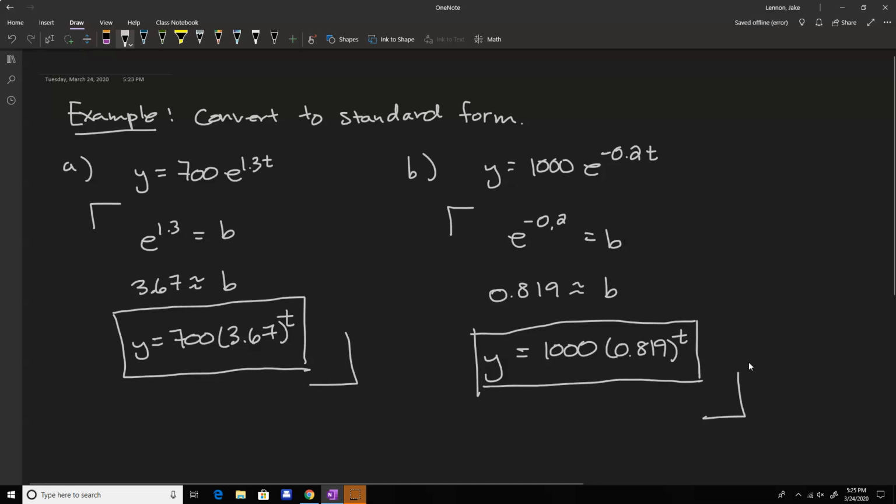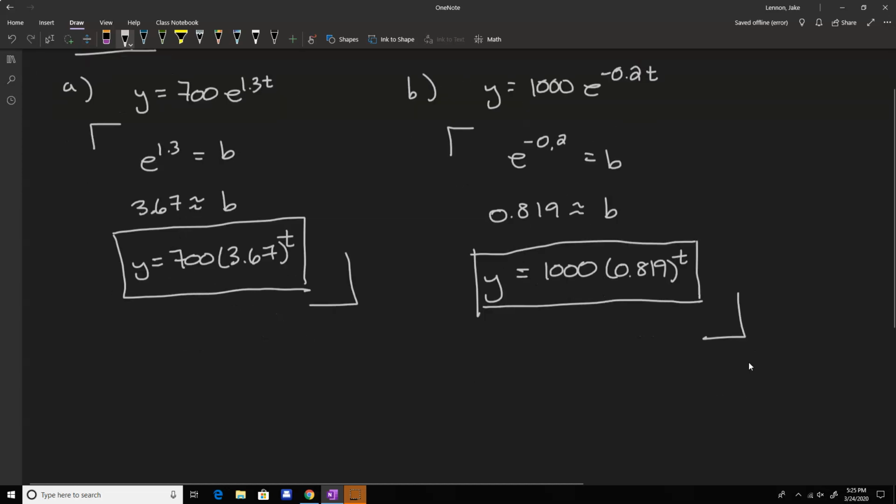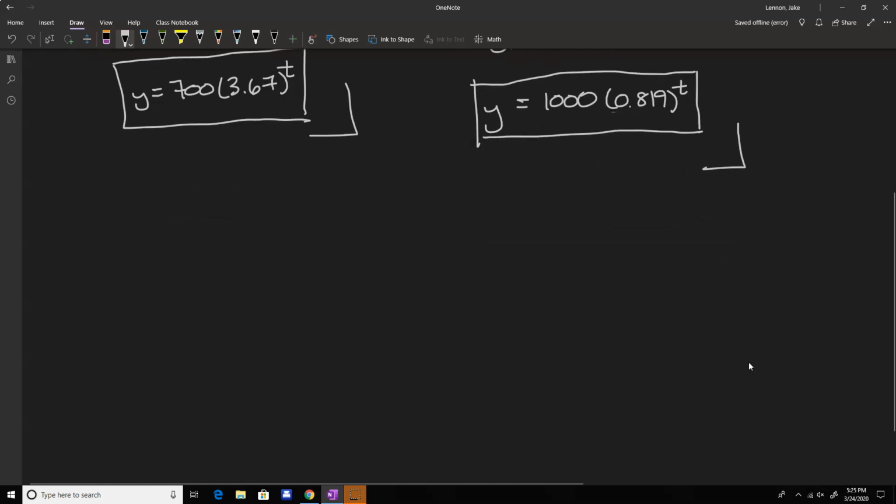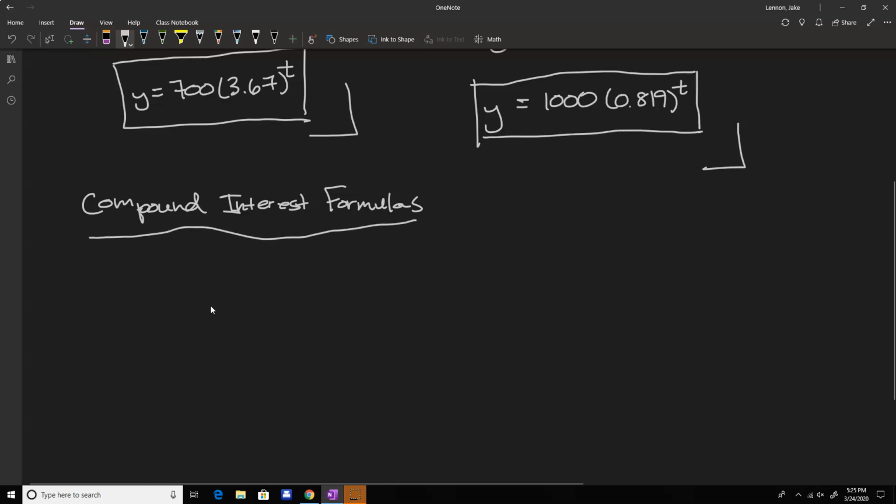Okay, so let's finish by talking about a couple of formulas that come up a lot from exponential functions. These are known as the compound interest formulas. There are two of them based on the number of times you compound a quantity.